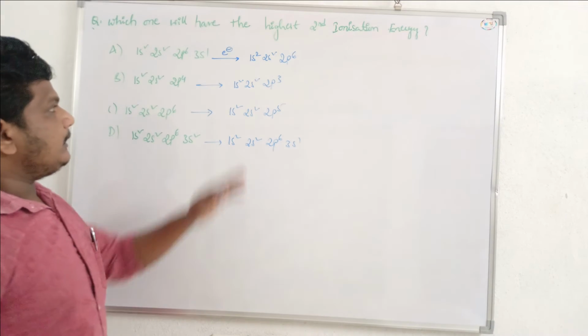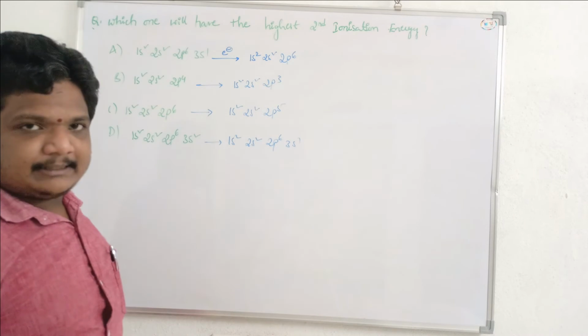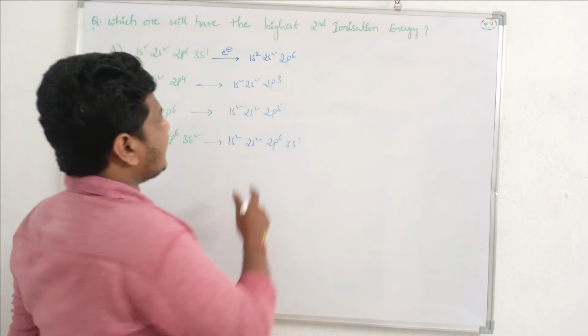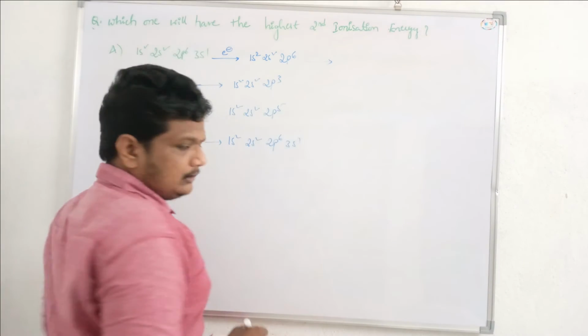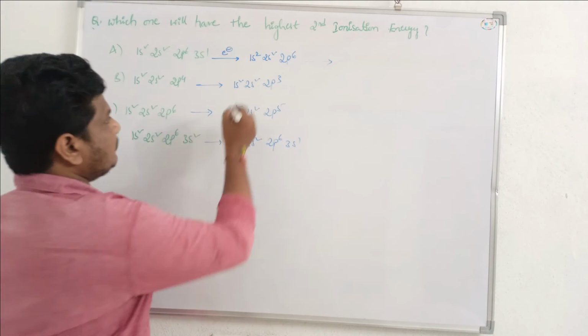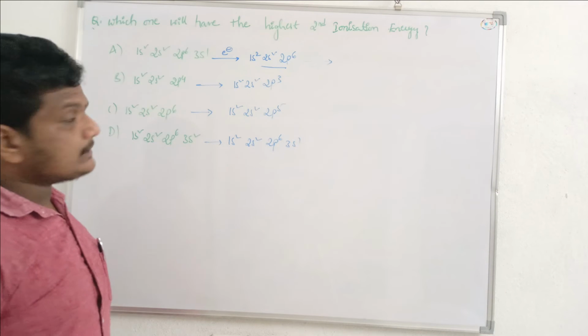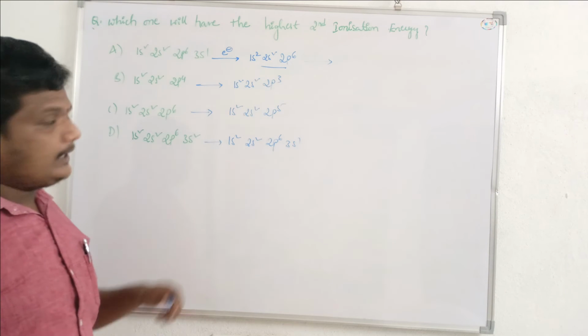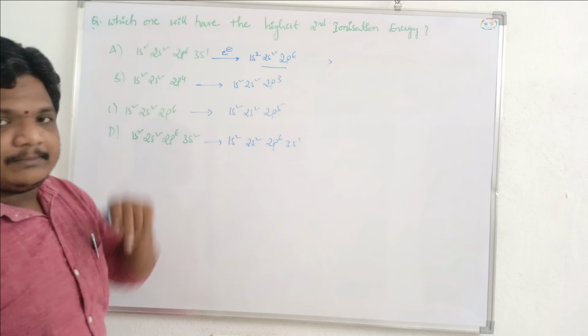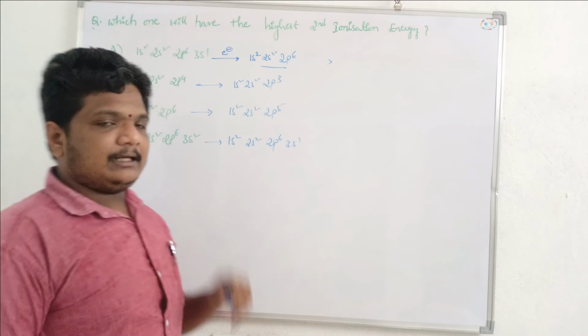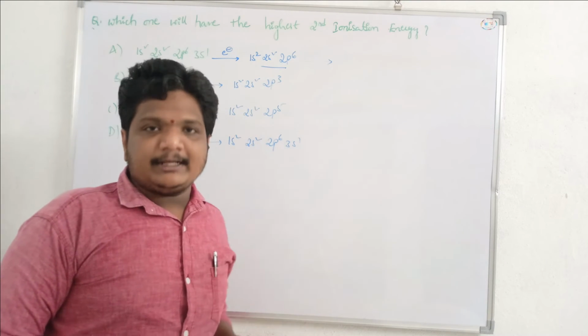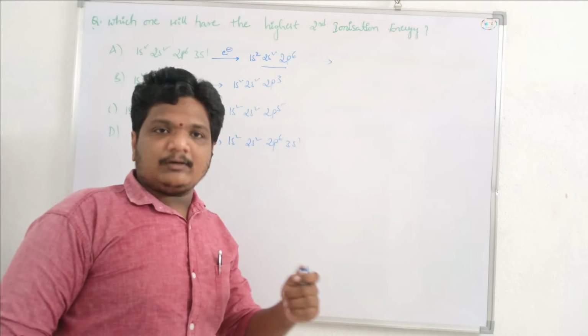Now these are the first ionization states. Now let us see the second ionization energies. In this case, this will be having noble gas configuration, which is an octet configuration. So in order to remove the electron from this valence shell, we require more amount of energy because it will be having octet configuration.